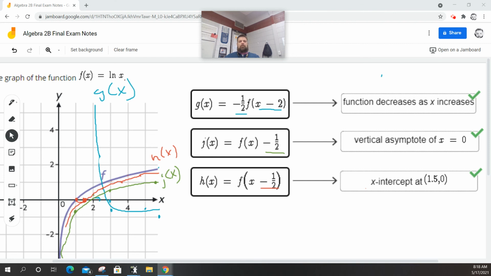I think the goal is for you guys to learn how to transform the functions in your head without having to graph it. I've graphed almost every example problem that we've gone through in class so that you can confirm what it should look like. Now, these are just rough sketches, right? Like, clearly, that's not exactly how it would look on a calculator, but I can kind of guess what it would look like if I were to graph it on a calculator.